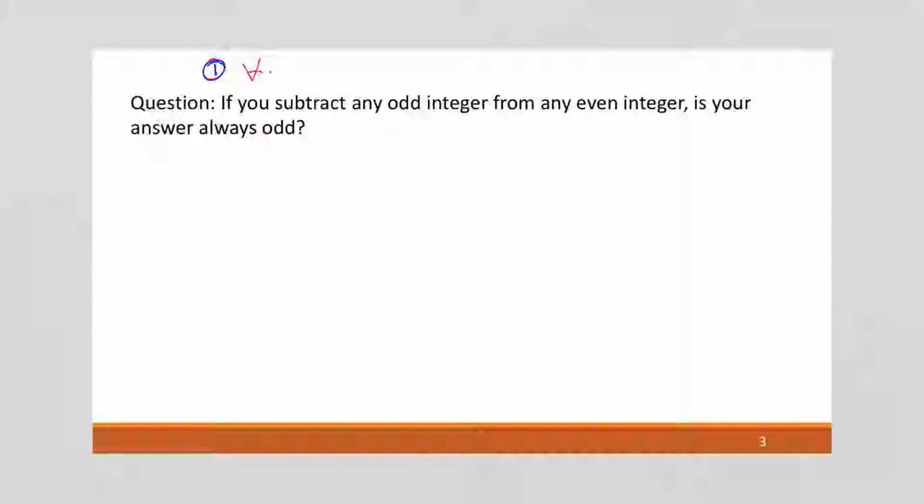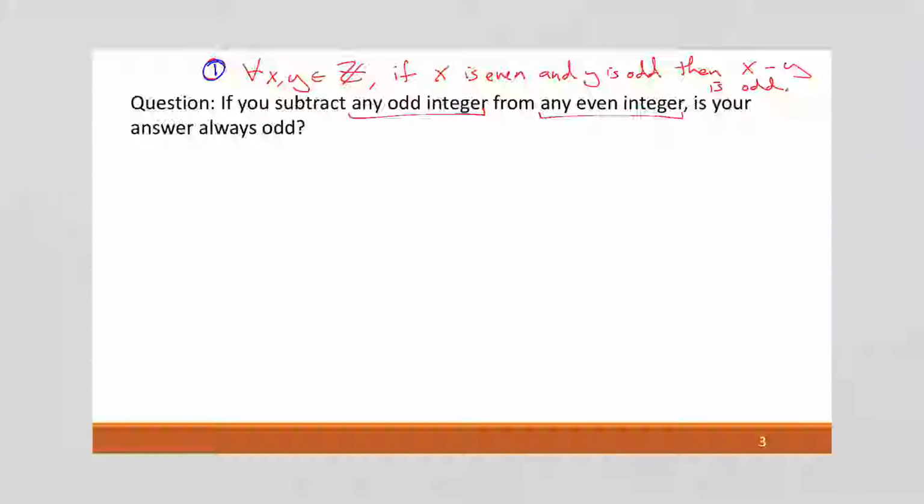So I'm going to say for all x and y that are integers, if x is even and y is odd, then x minus y is odd. Okay, so I've just written it a little bit more formally, using variables instead of saying just any odd integer and any even integer. I've given them names, x and y. And let's go through and try to do the proof.